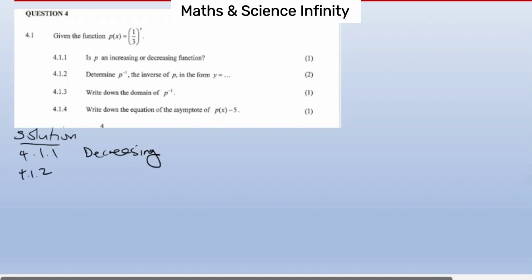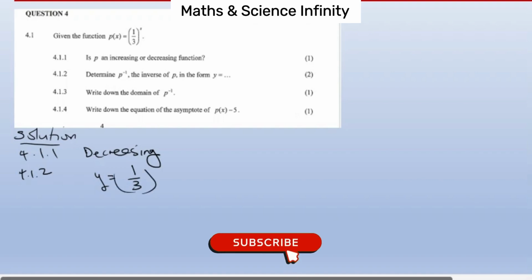They say determine p to the power minus 1, which is the inverse of p, in the form y. Let me quickly write the function in the form of y: y is equal to 1 over 3 to the power x.